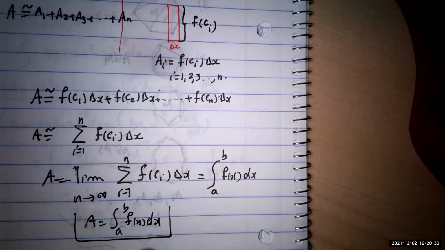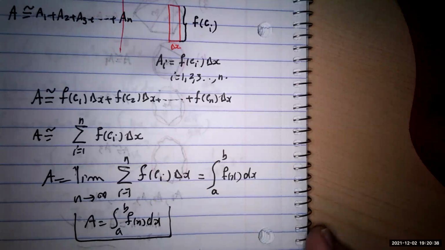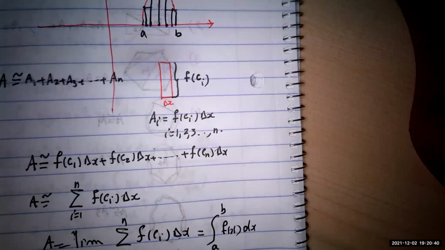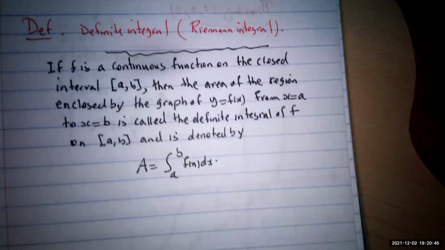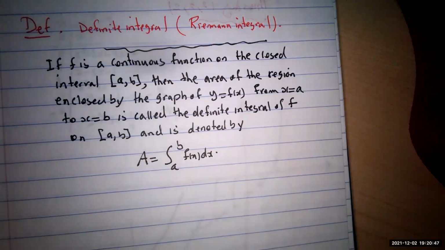So this integral is going to be a number, because it's going to be the area. The previous one was a function. So that was enough motivation for this course to introduce the new integral that we are going to call the definite integral.